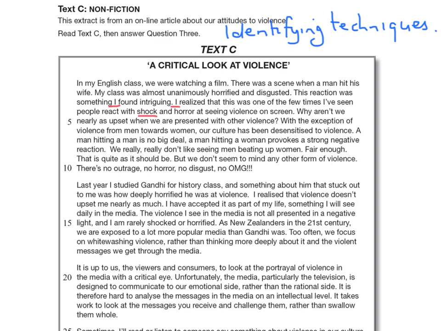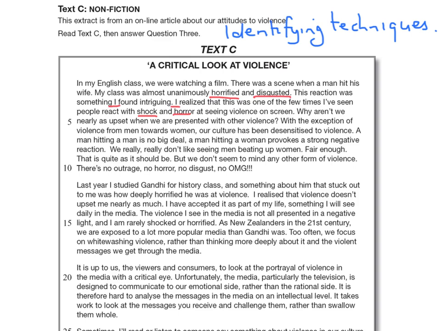Words like shock and horror, and down below that, or up here of course, we've got horrified, we've got disgusted, all emotive language, producing a feeling and response, obviously in this case, from the person talking about domestic violence.